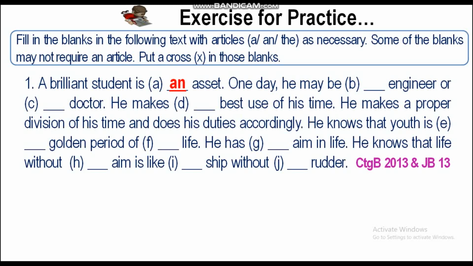Here the word engineer also starts with a vowel, so article an will be used in the blank number B. Or dash doctor. But the word doctor starts with a consonant, so article a will be used in the blank number C.